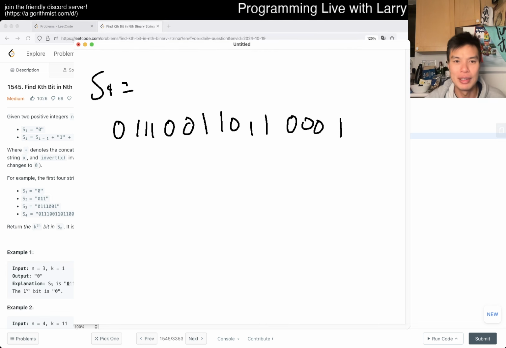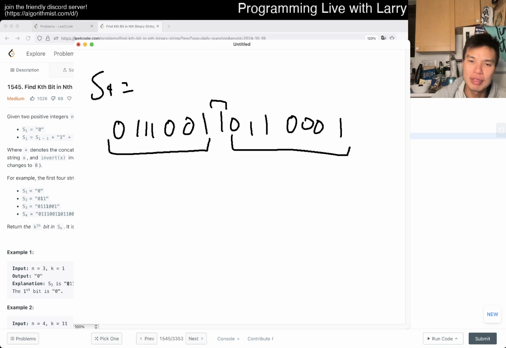In this case this is the middle one, this is the left side, and this is the right side, right? And as we should know, the right side is just the left side reversed and inverted, right?